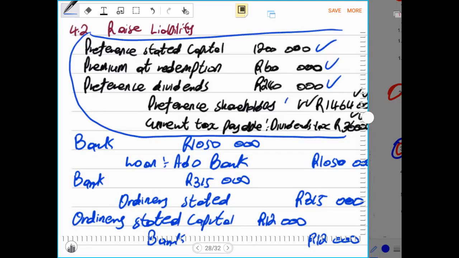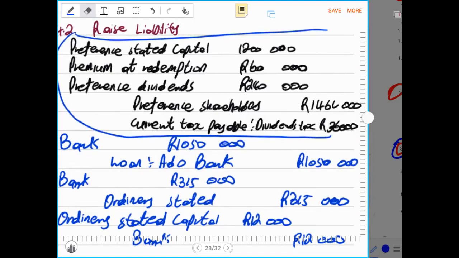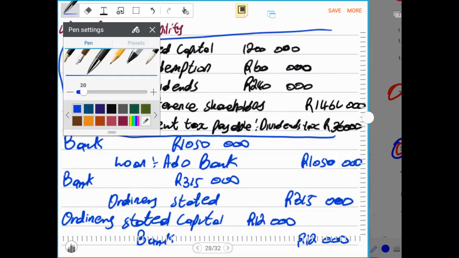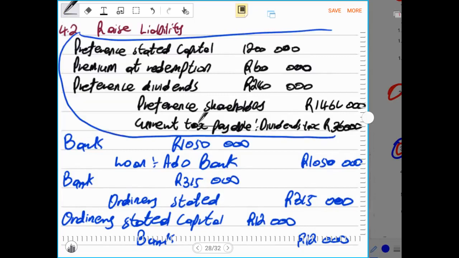Then we credit our preference shareholder only with the amount that excludes dividends tax. However, if you want to combine it, it's not a problem. Then you can have two separate journal entries. Maybe your memo might be different. Please do it in any way that you are comfortable with, but I prefer this approach. Then you credit the current tax, which is the dividends tax that is due to SARS. Then after, we make the payment.